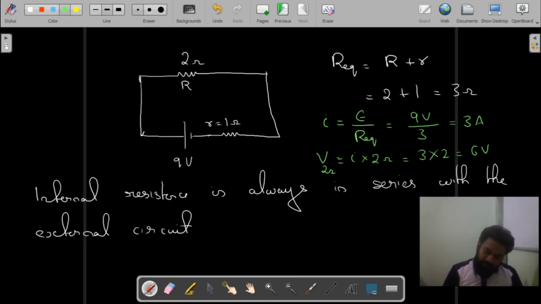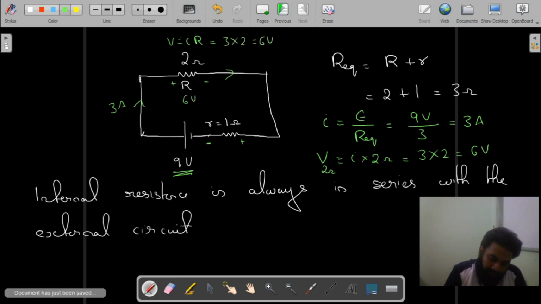Now we see this 9 volt is there. When current of 3 ampere flows here, current flows from higher potential to lower potential. So when I mark current in the resistance, I mark positive at the beginning and negative at the other end, just to show that current is moving from positive terminal to negative terminal. This sign convention will help me while solving Kirchhoff's law and all; we will see it in the coming lectures. So 3 ampere is flowing like this, and V is equal to IR, 3 into 2, we get 6 volt.